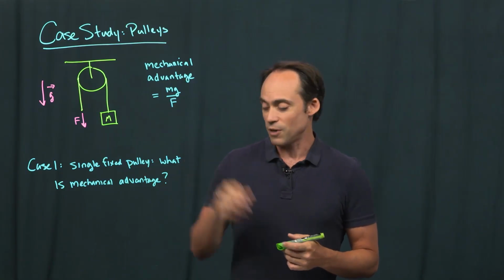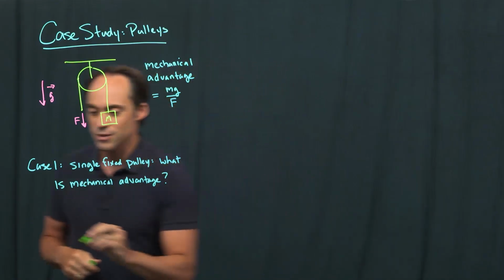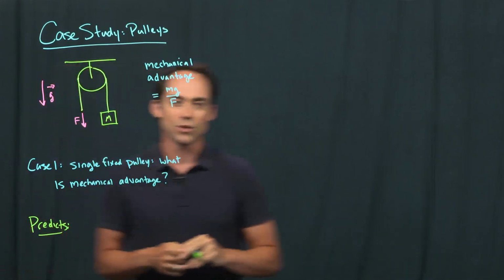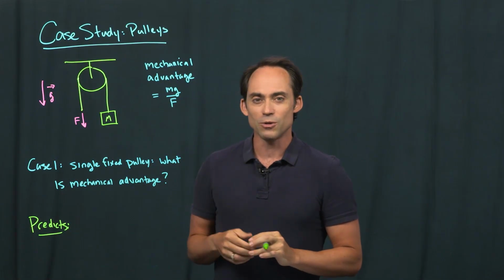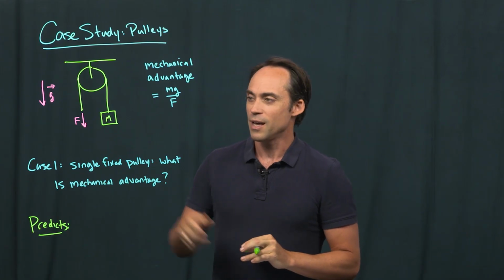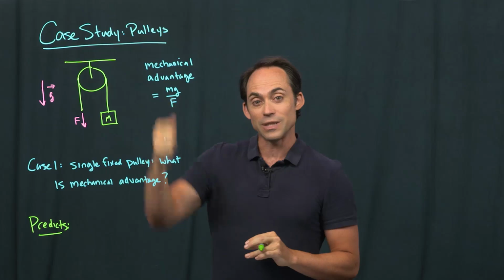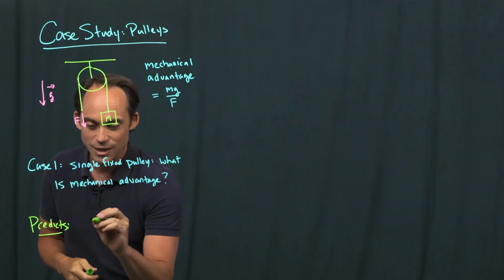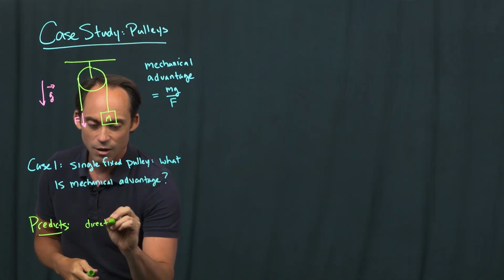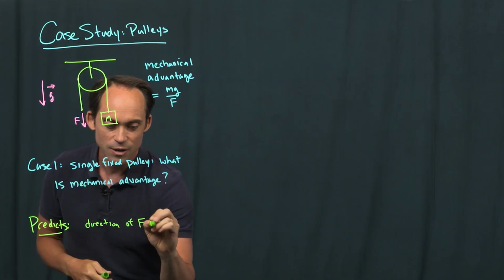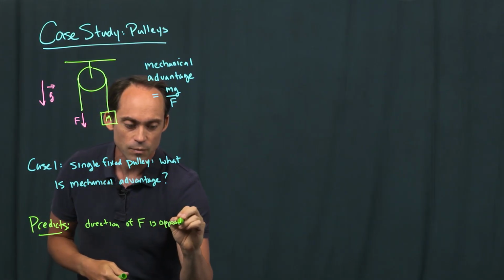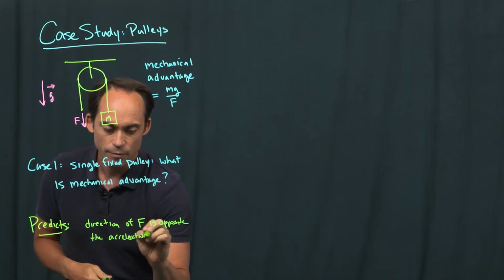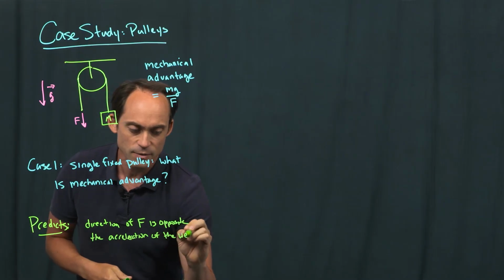So we can ask that for this very simple pulley wheel, and look at some predictions on what we think might happen. If you've ever used a pulley wheel, you could probably recognize that as I pull down on one side of the rope, the weight lifts up. So one of the predictions is that the direction of the force is opposite the acceleration of the weight.